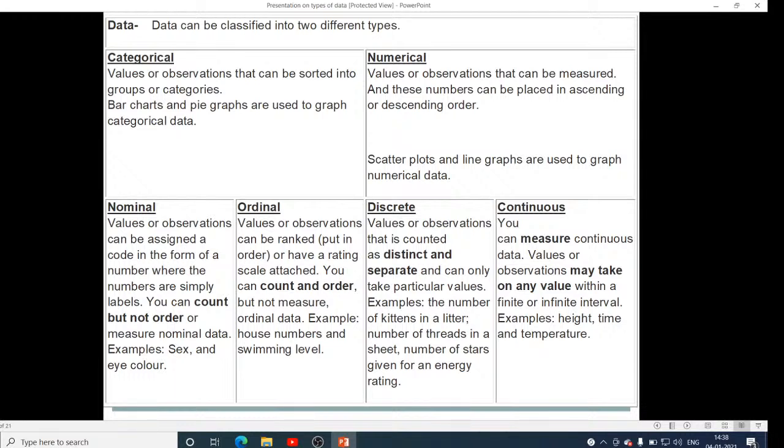Can anyone give me other examples for nominal and ordinal data, and also discrete and continuous? At least one or two examples. Only then can you understand.